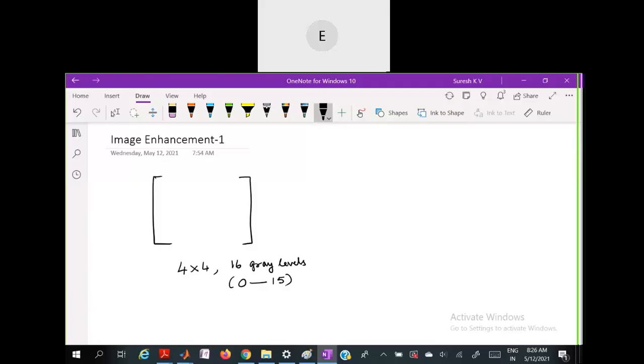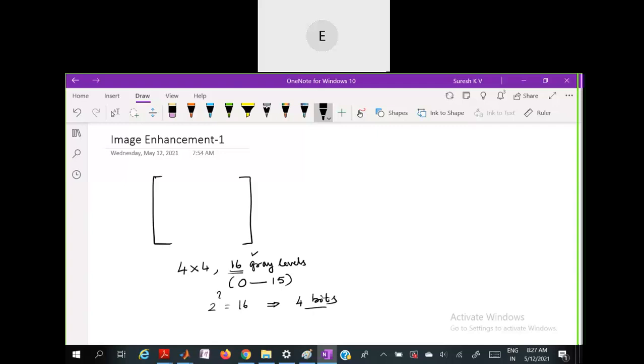How many bits do I need to represent 16 gray levels? 2 to the power of what is equal to 16? 4. 4 bits.